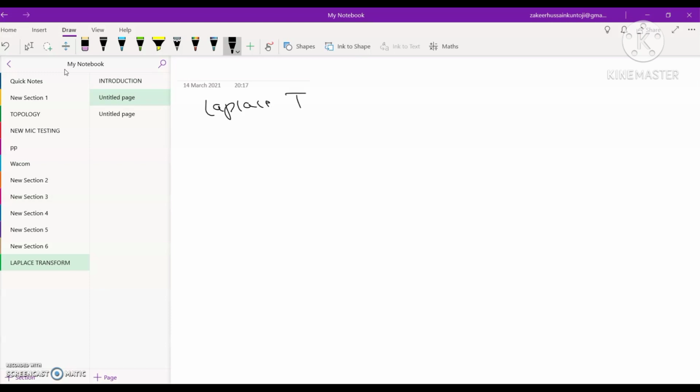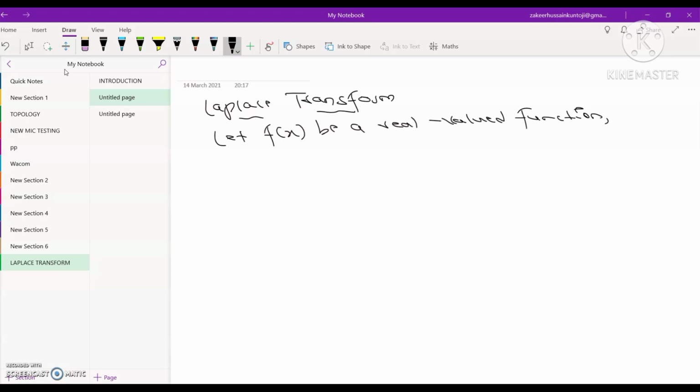Laplace transform. Let f of x be a real valued function defined for x greater than or equal to 0.